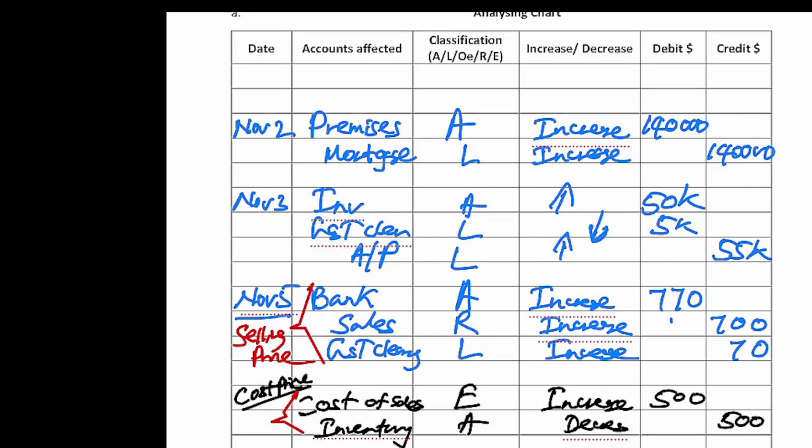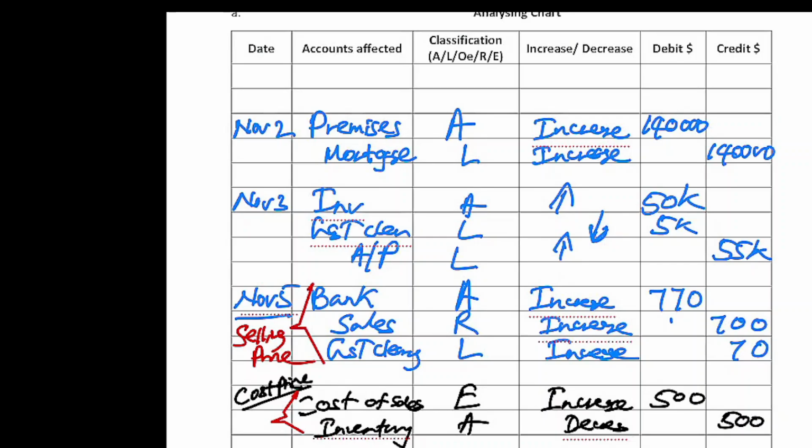Increase, not decrease. Drawings increase. Don't confuse it with the negative owner's equity bar. The more the owner is withdrawing, drawings increase. But the impact on the owner's equity is negative. That's a different story. Okay?